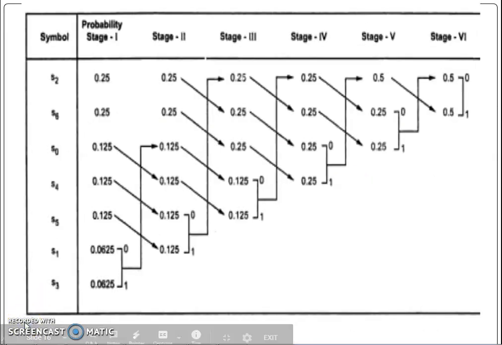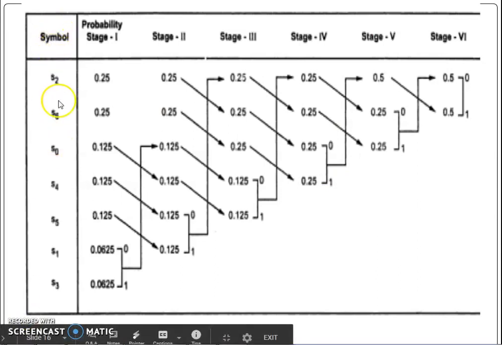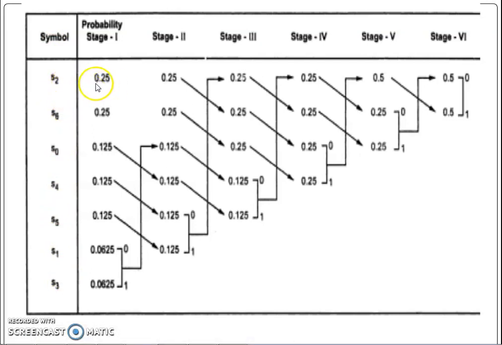The steps of the Huffman coding algorithm: first, write all the symbols. Total S0 to S6 symbols are there, but the symbol having the highest probability comes first. In this numerical, S2 has the highest probability, 0.25, so it comes on top. S6 also has 0.25, but it comes after S2, so the second entry is S6 with probability 0.25.